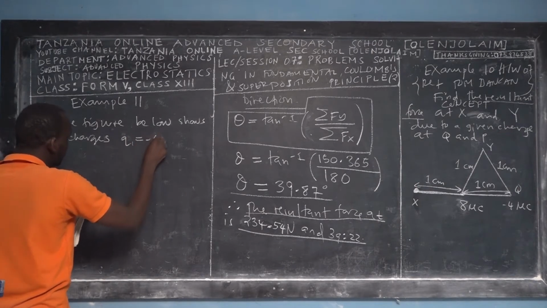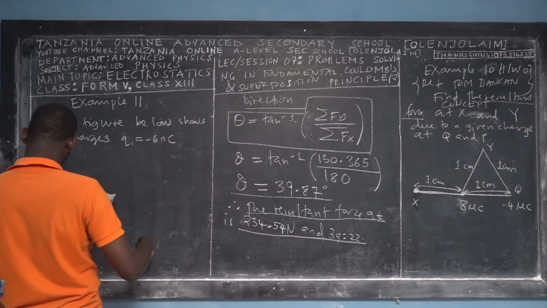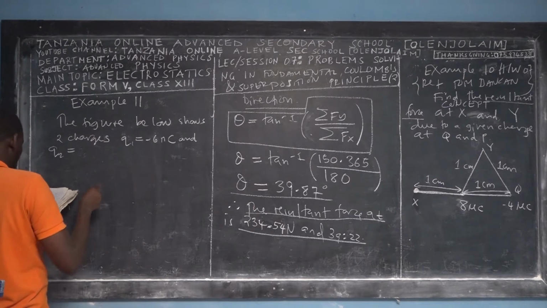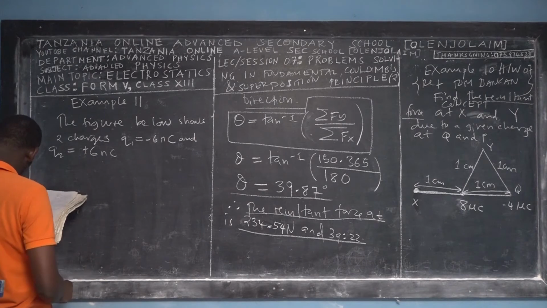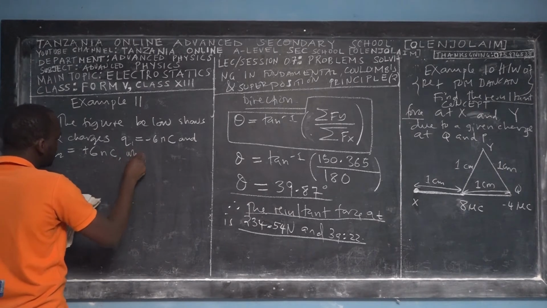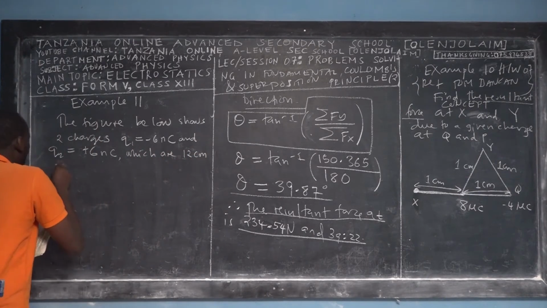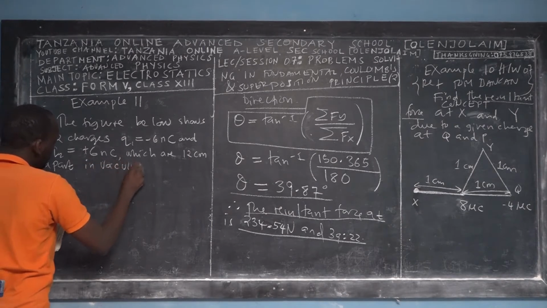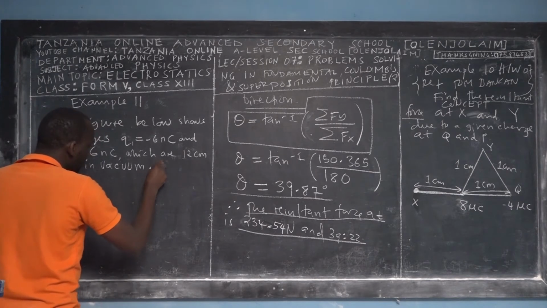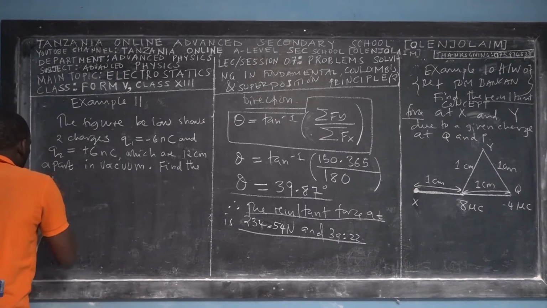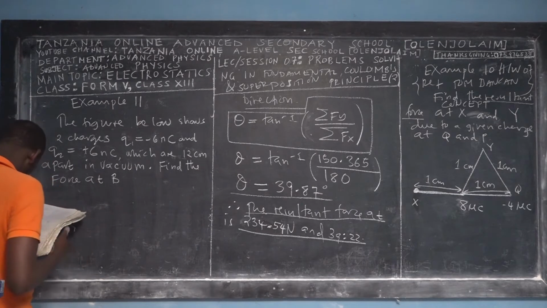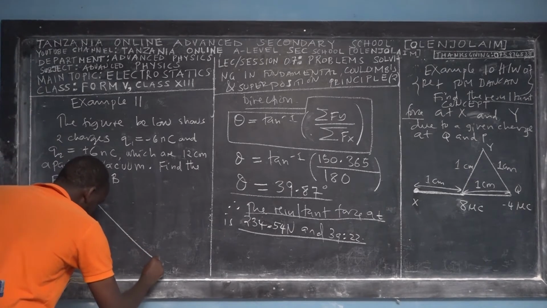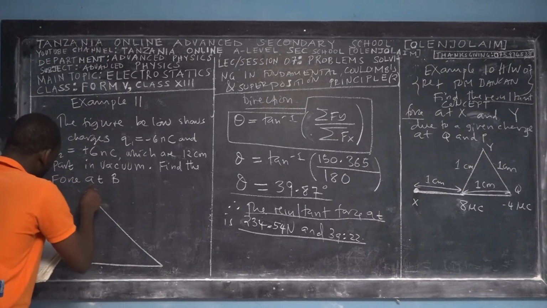Q1 is equal to -6 nanocoulomb, and Q2 is equal to 6 nanocoulomb, which are 12 centimeter apart in vacuum. Find the force at B. This is B.